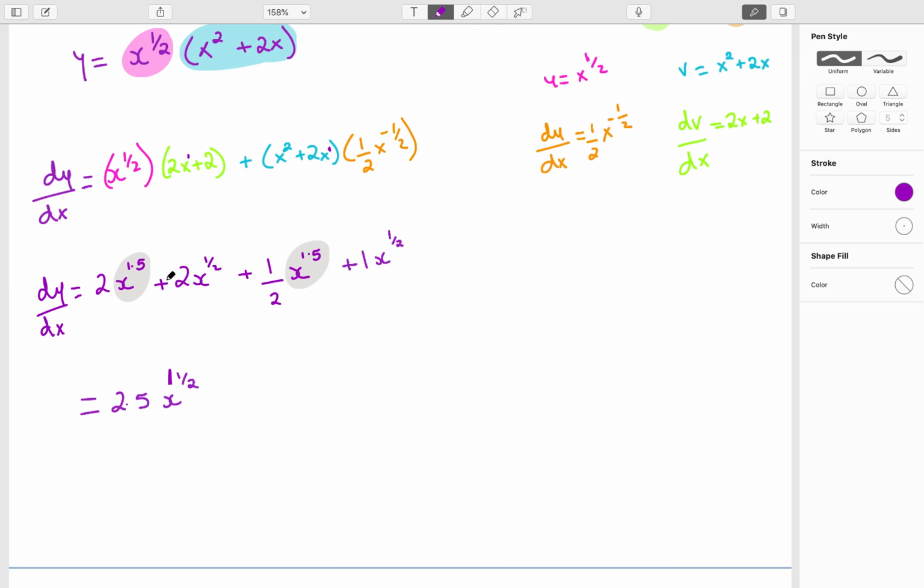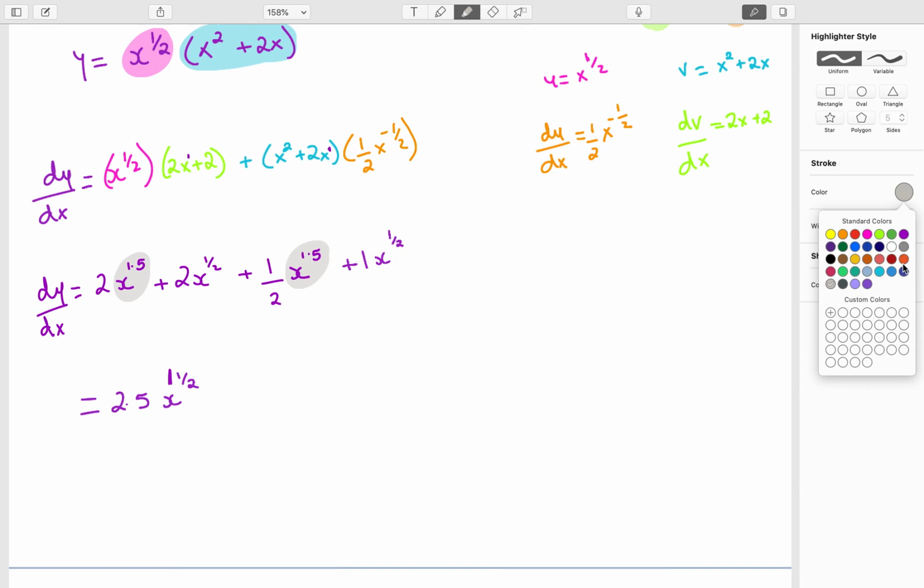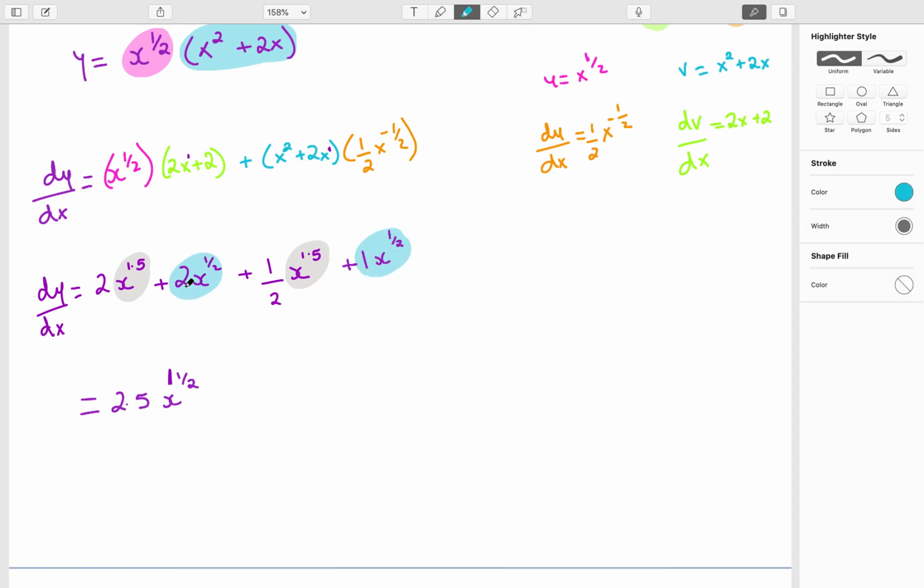And then the last one, then look, I have here 2x to the power of a half and 1x to the power of a half. They can go together because they're both counting how many x to the power of a halves do we have. And there is 3x to the power of a half there. And we can tidy that up for ourselves, or you can leave it like that.